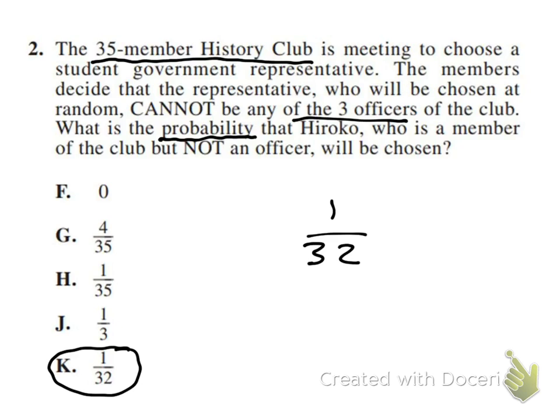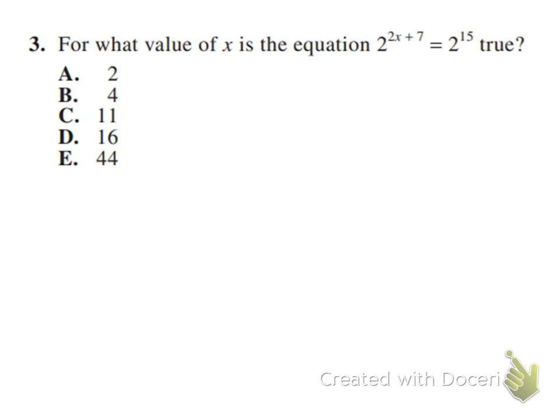All right, next question. For what value of x is the equation 2 to the 2x plus 7 equal to 2 to the 15th true? Now, this looks complicated because it's an exponential equation. But let's use our common sense. If 2 is the same on both sides, then what else do we know has to equal? If the bases are the same, then the exponents have to be the same.